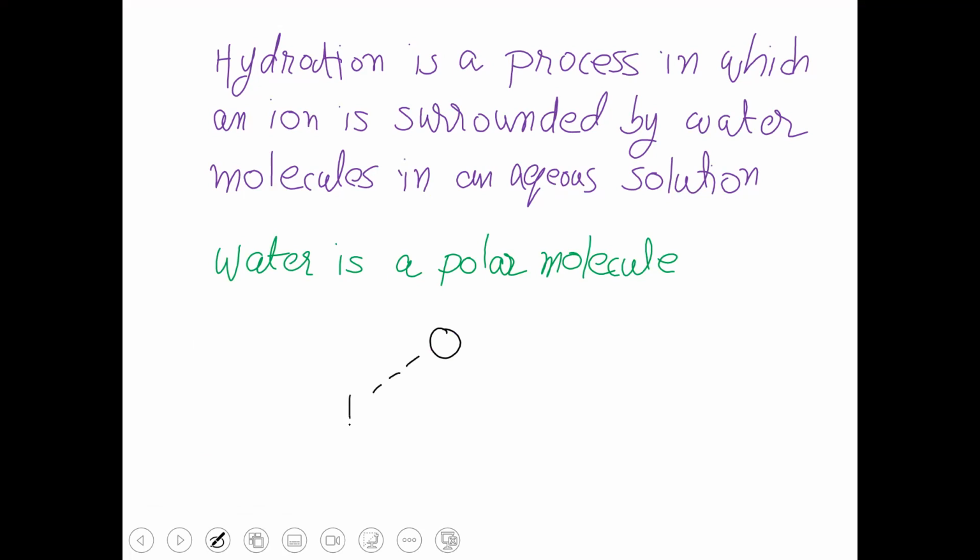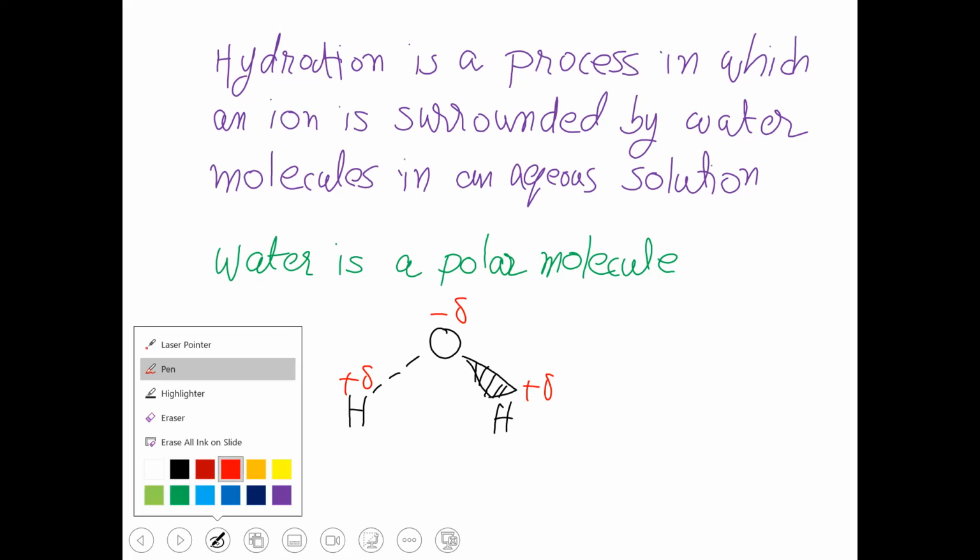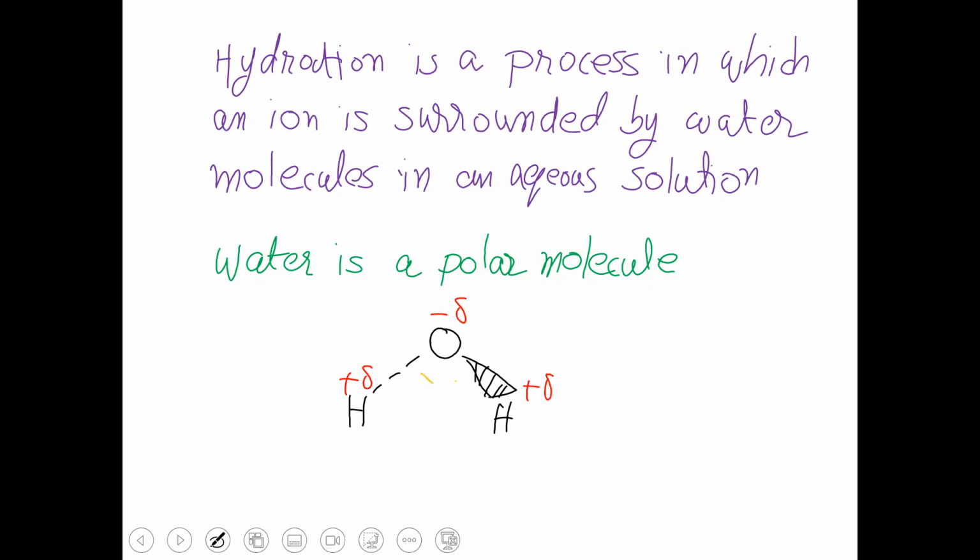I'm drawing my diagram from AS background. Hydrogen is partially positive and oxygen is partially negative. This is called a polar molecule with a bond angle of 104.5.